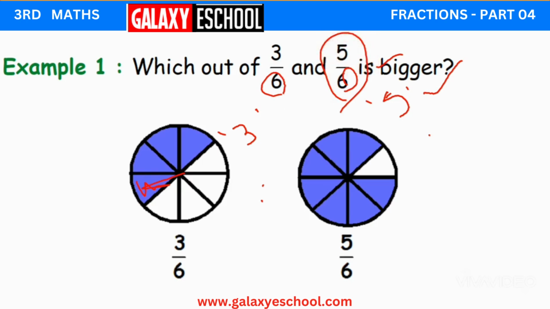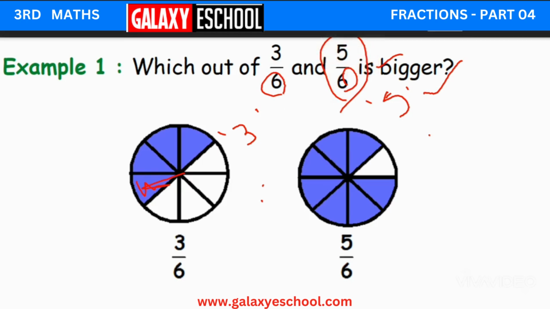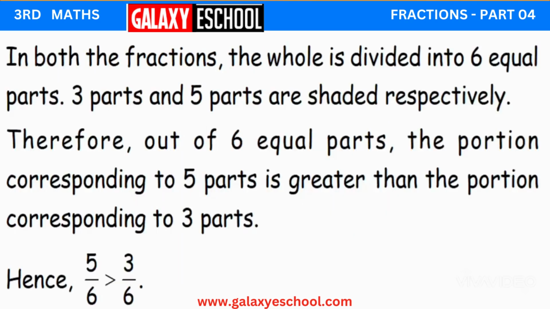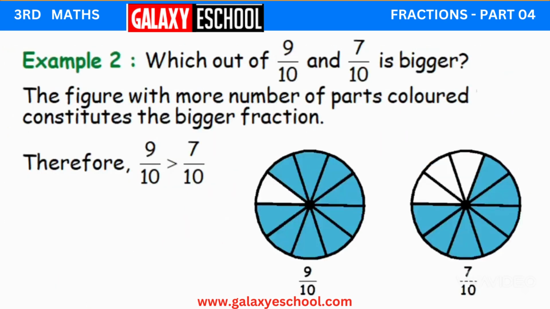So 5 by 6 is the bigger fraction. Understood? See, in both fractions, the whole is divided into 6 equal parts. 3 parts and 5 parts are shaded respectively. Therefore, out of 6 equal parts, the portion corresponding to 5 parts is greater than the portion corresponding to 3 parts. Yes or no, children?